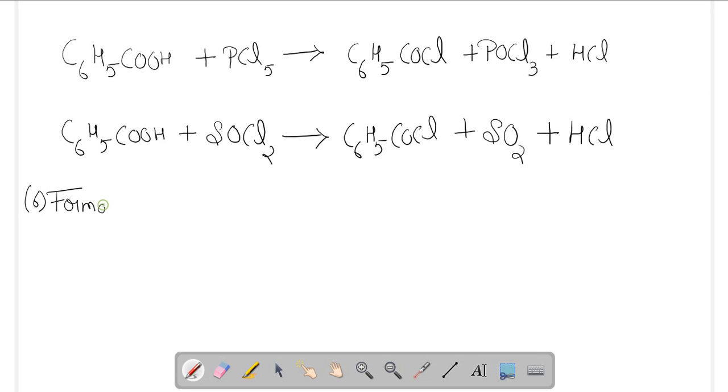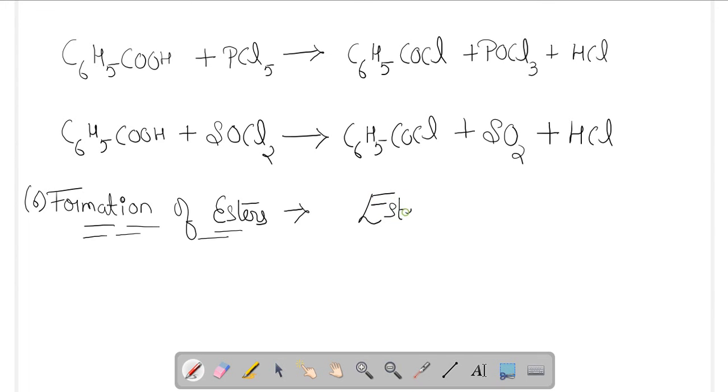Next, the formation of the next carboxylic acid derivative, that is esters. Generally this reaction is also called the reaction with alcohols. The reaction of carboxylic acid with alcohol is called esterification.